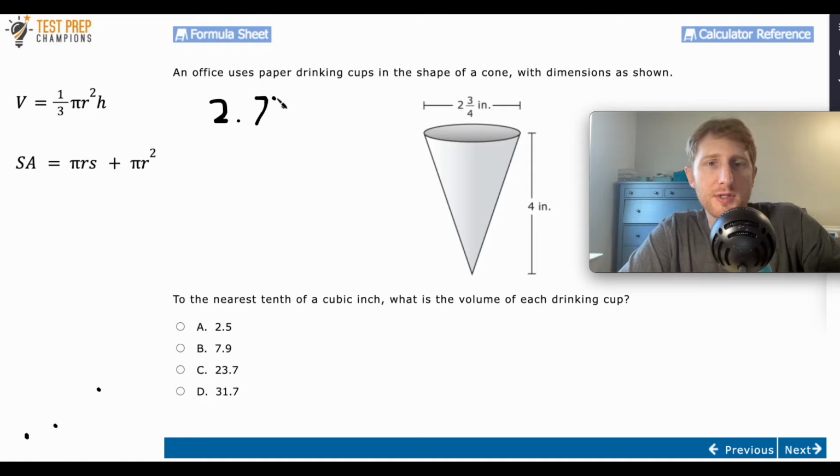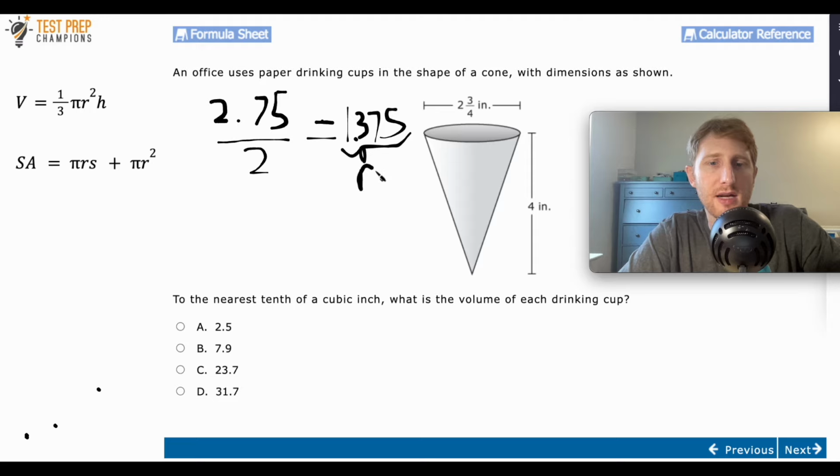So 3/4 as a fraction is the same as 0.75. So 2 3/4 is the same as 2.75. So I'm going to cut that in half. I'm going to do 2.75 divided by 2, and that equals 1.375. Okay, so this is going to be my radius, 1.375.